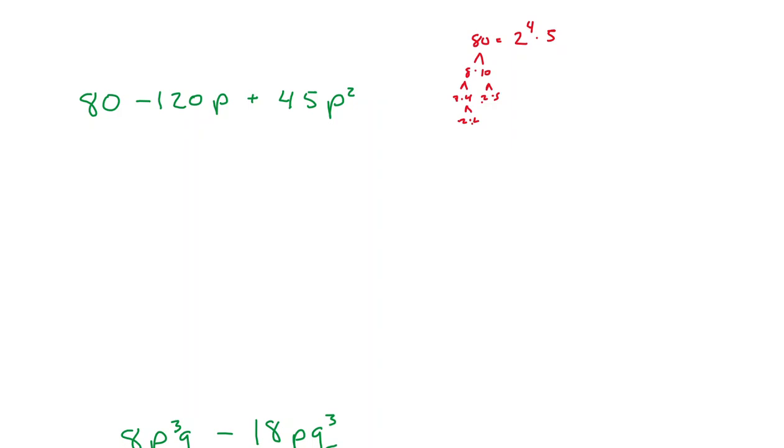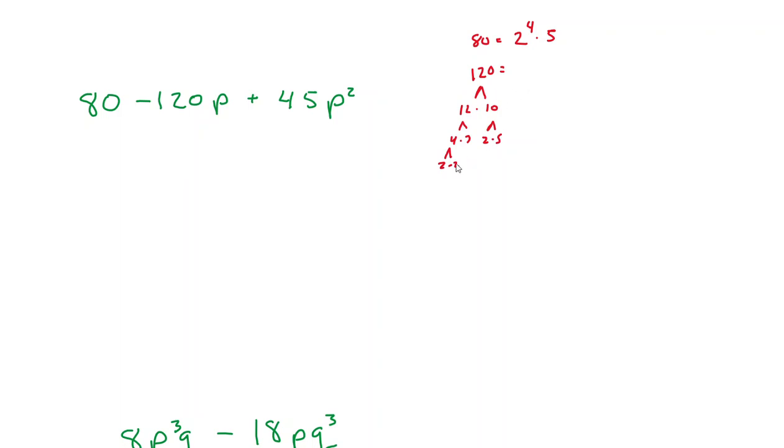Okay. And then let's do the 120. We don't need to worry about the negative. So 120, we know that's not going to be a common factor. Well, that's 12 times 10, and that's 4 times 3, and that's 2 times 5, and that's 2 times 2.